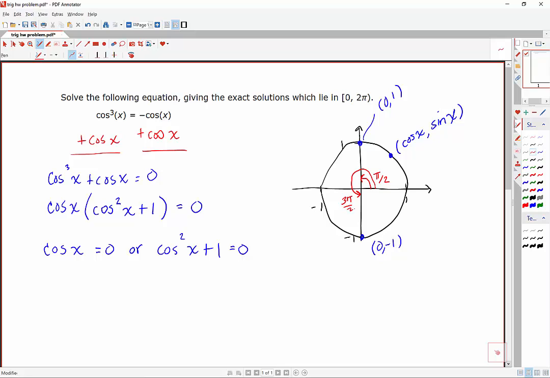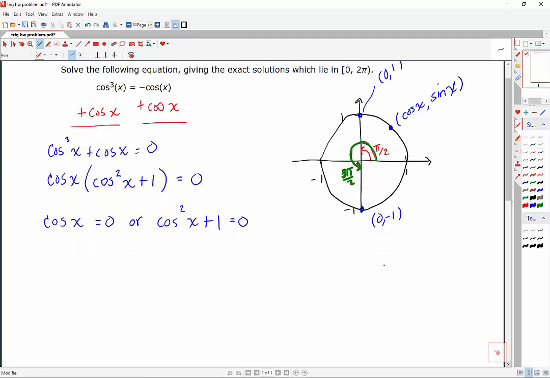Actually, I should do that in a different color. So those will be our solutions to our first equation. X will equal pi over 2 and 3 pi over 2.